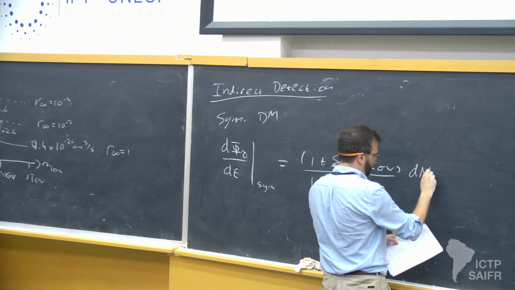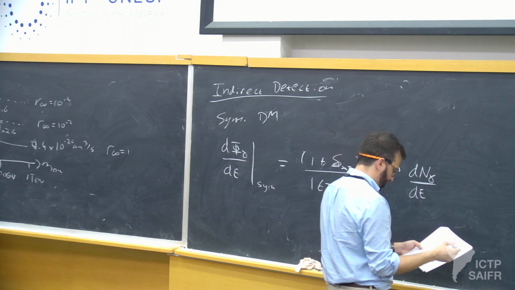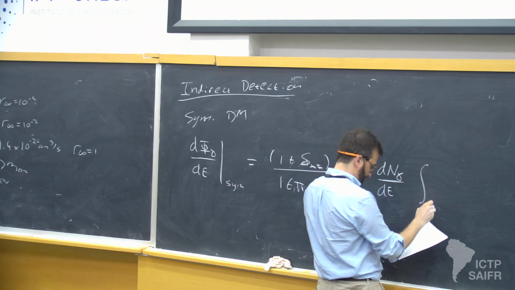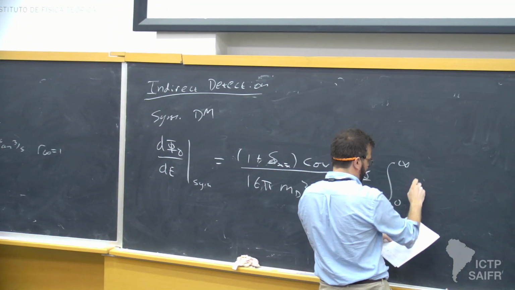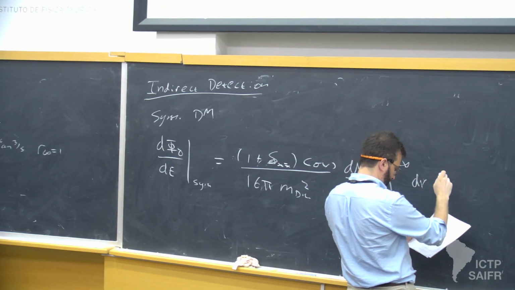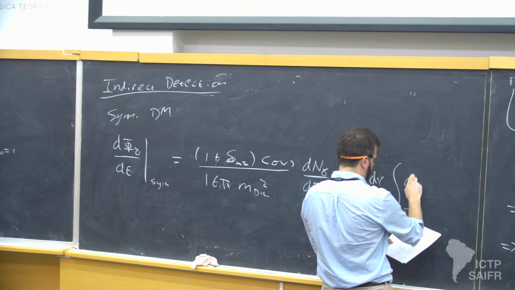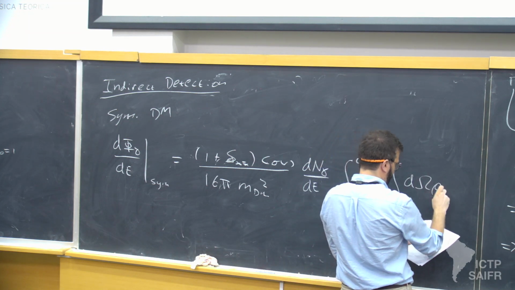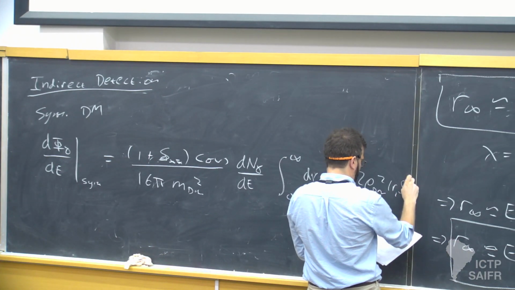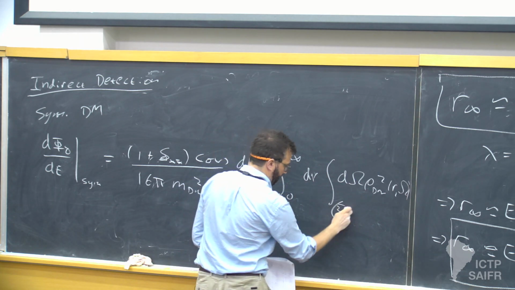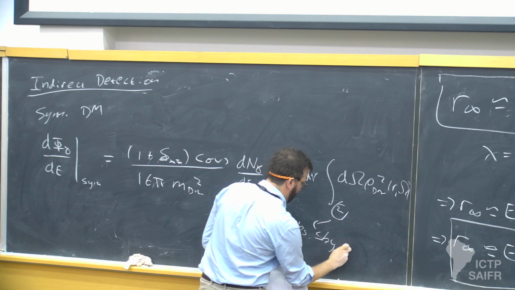It depends on the cross-section, the spectrum of photons your dark matter annihilation produces, and the amount of dark matter in your observed volume of the sky. This sigma is just the observed sky area.